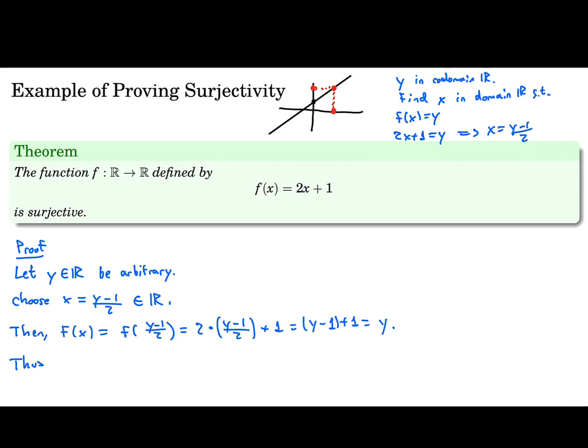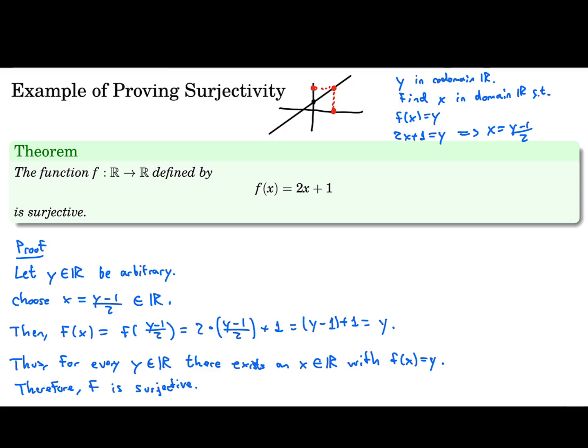Thus, for every y belonging to the real numbers, there exists an x belonging to the real numbers with f of x equal to y. Therefore, by definition, f is surjective.